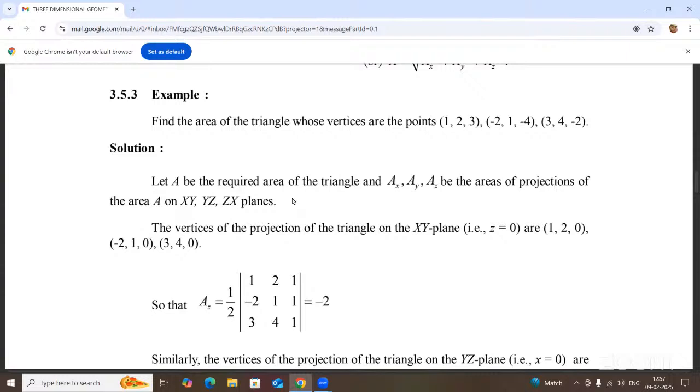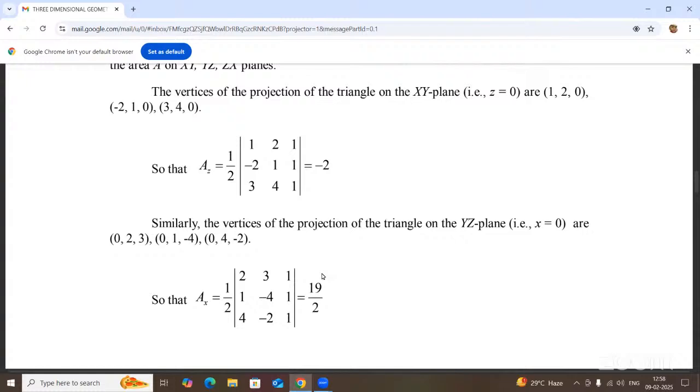So for each of the coordinate axes X, Y, Z, particularly here the Z axis, we take 1 by 2 mod of the determinant X1, Y1, Z1, X2, Y2, Z2, X3, Y3, Z3. So 1, 2, 1; 1, 2; and again minus 2, 1; and 3, 4. And the constant is 1, 1, 1, the constant part. We take 1, 1, 1 as the third column. After the simplification, we get minus 2.